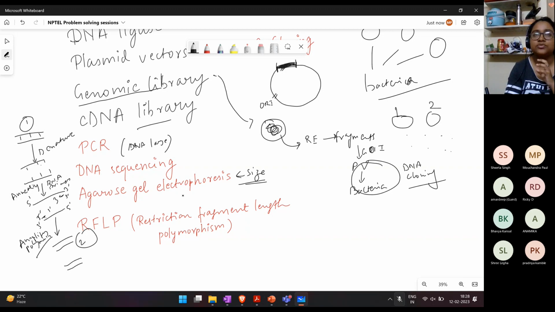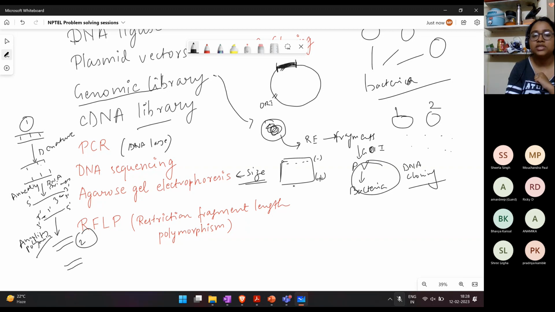If you recall, in an agarose gel, DNA is loaded in some wells. You have to make those wells in the agarose gel, and then apply an electric current, right? DNA is negatively charged, so the DNA fragments migrate from negative to positive, from cathode to anode.